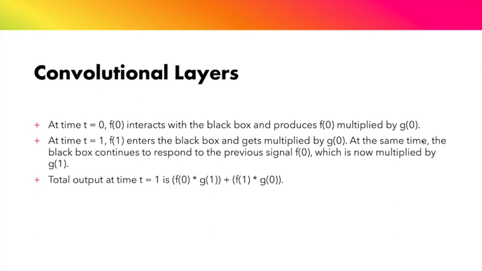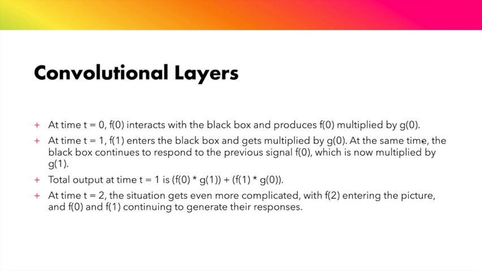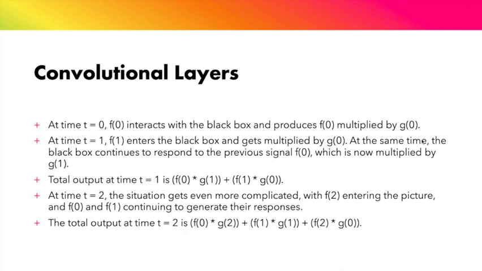So the total output at time 1 is f0 multiplied by g1 plus f1 multiplied by g0. At time 2, the situation gets even more complicated, with f2 entering the picture, and f0 and f1 continue to generate that response, and at the end, this is the total output.